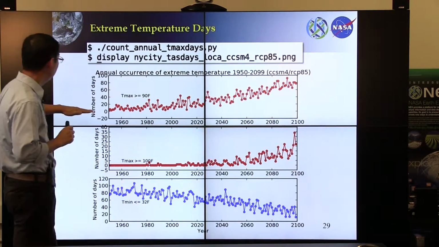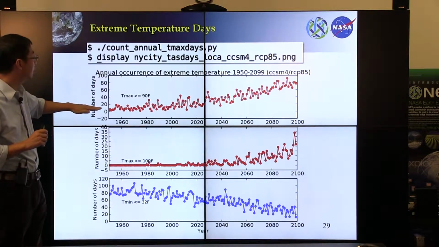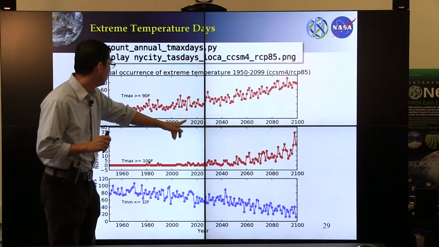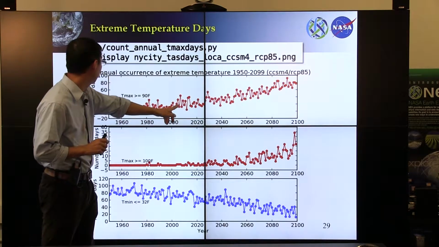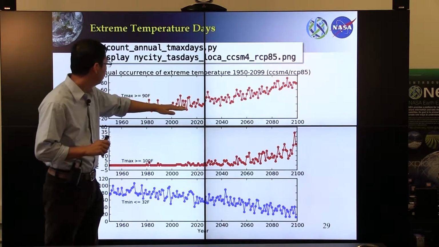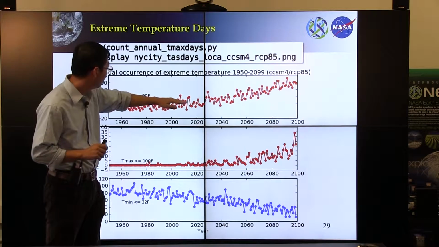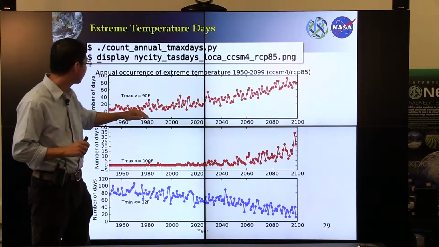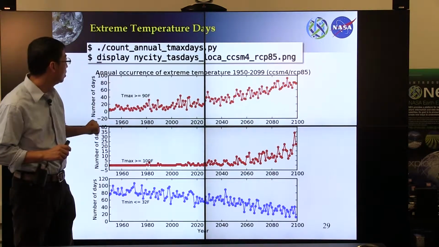You probably already see this. For New York City, currently we probably have around 20 days above 90 degrees every year. This is the current condition.